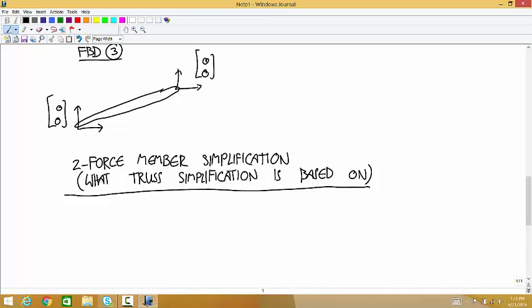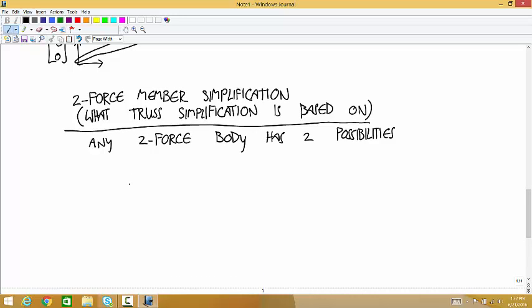So if you have any two-force body, it has two possibilities. It could be in tension, where you have a force that way and a force this way.